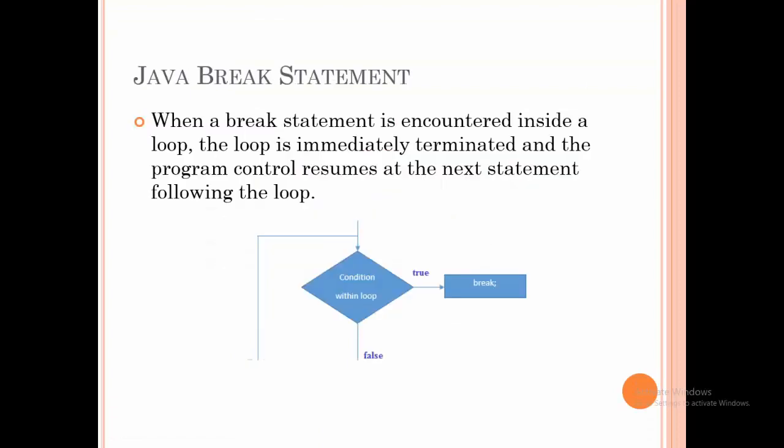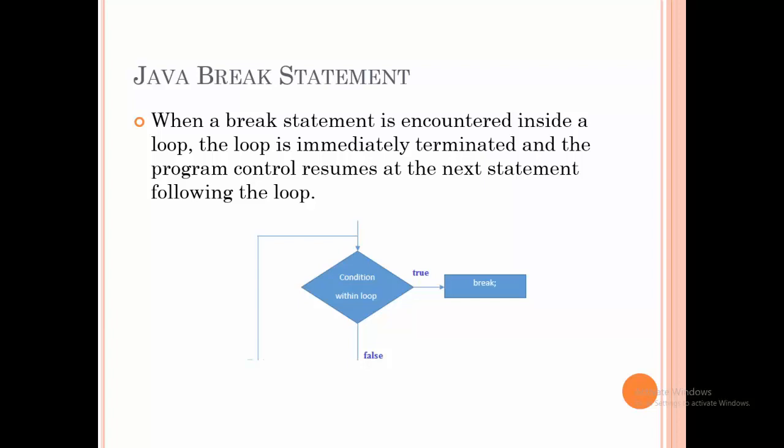So the next thing is the Java break statement. When a break statement is encountered inside a loop, the loop is immediately terminated and the program control resumes at the next statement following the loop. So the Java break statement is used to break a loop or the switch statement.